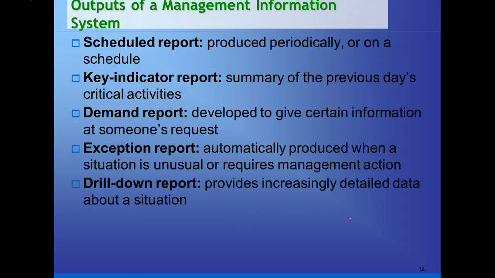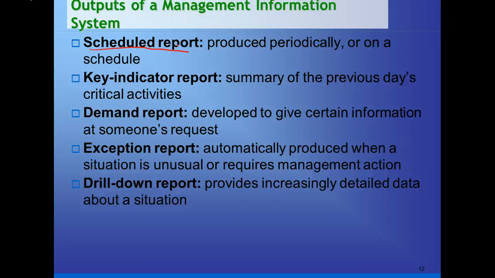Some of the reports are as follows. First, a scheduled report. A scheduled report, as its name suggests, is a report that might be generated periodically, either daily, weekly, or monthly.